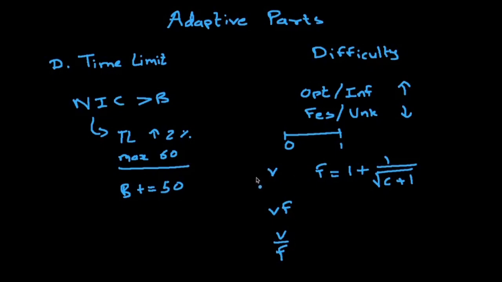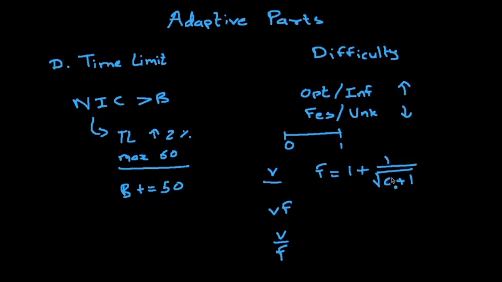Let's say the current value for this difficulty parameter is V. Then this is how we will calculate a factor. The factor is 1 plus 1 divided by the square root of the total number of changes plus 1. The plus 1 is obviously preventing things from dividing by 0. The C in the denominator, the total number of changes, basically makes sure that this thing converges to 1.